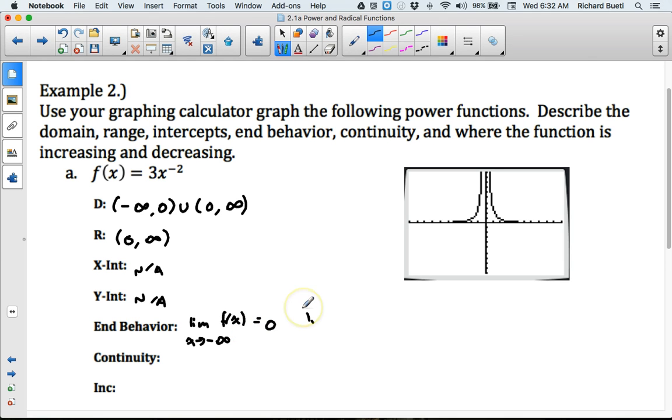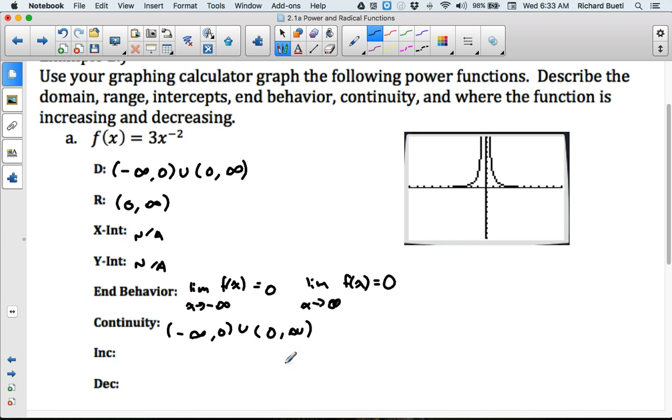So the limit as x goes to positive infinity of f of x is also going to go to 0. We said that the continuity and the domain are going to be the same intervals, so the continuity matches the domain, which is from negative infinity to 0, union 0 to infinity.